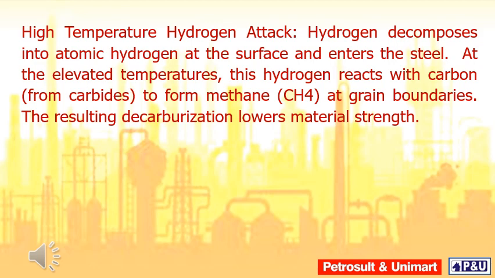High-temperature hydrogen attack. Hydrogen decomposes into atomic hydrogen at the surface and enters the steel. At the elevated temperatures, this hydrogen reacts with carbon, from carbides, to form methane, CH4, at grain boundaries. The resulting decarburization lowers material strength.